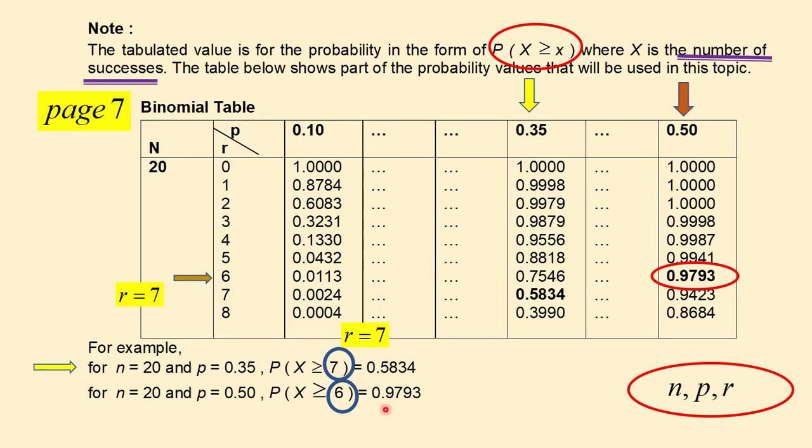Got it? So take note that you have to find the value for n, p, and r to read the table. And please take note that to read the table, you need to find the probability for x more than or equal to r. For this example, probability x more than or equal to 7.